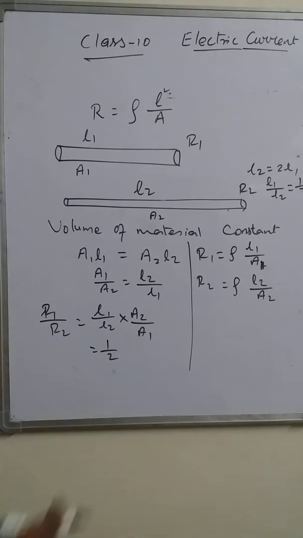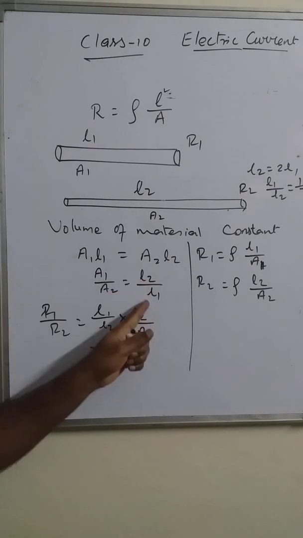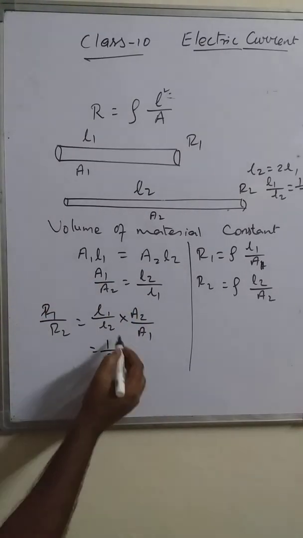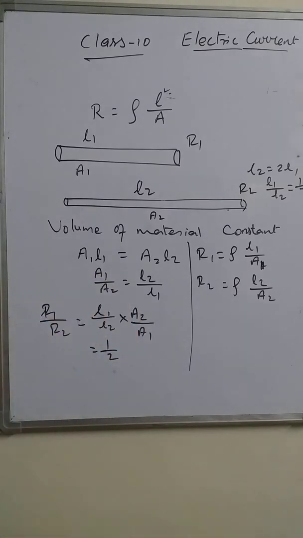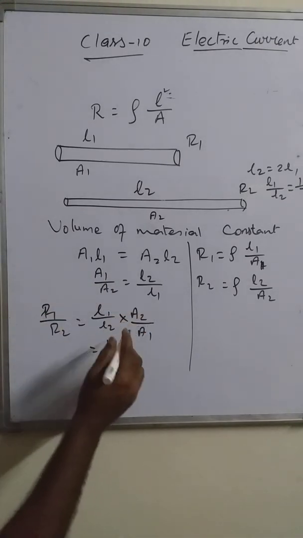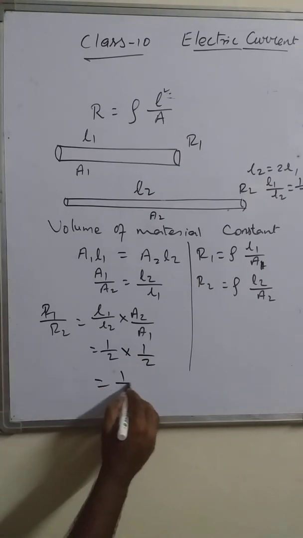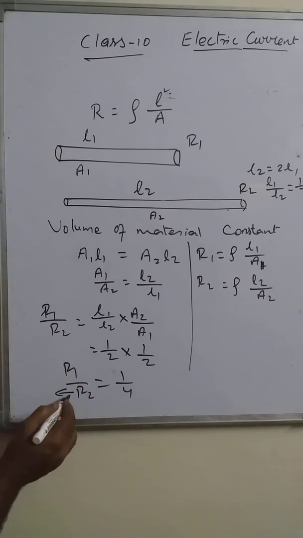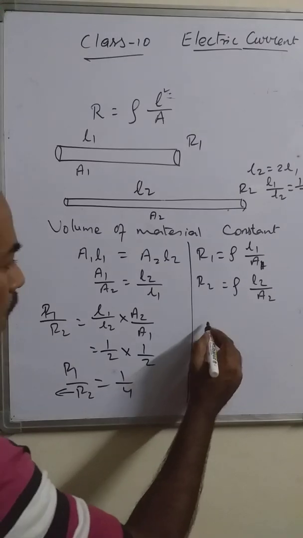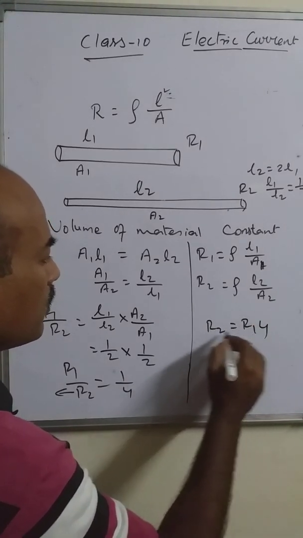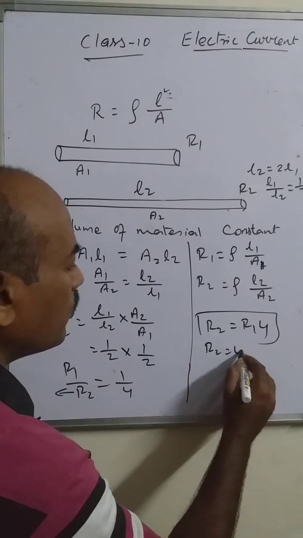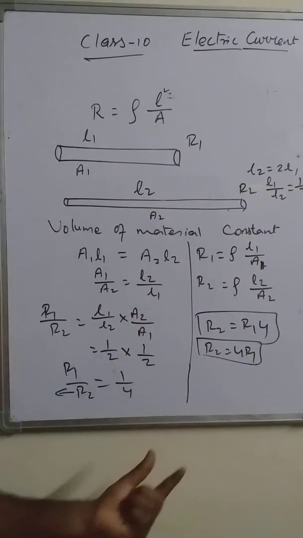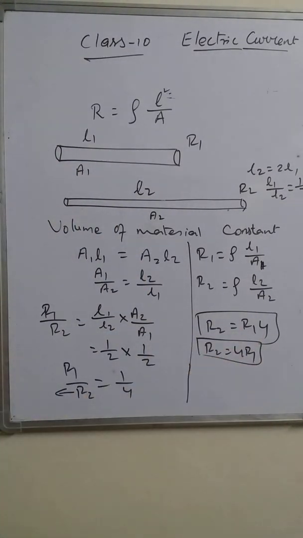Then the change in area of cross section is the reciprocal ratio, so A2 upon A1 is also equal to 1 upon 2. Now it is 1 by 4. So R1 upon R2 is equal to 1 by 4. That means R2 equal to R1 into 4, or R2 is equal to 4R1. So on stretching, if the same material is stretched, then resistance is increased by 4 times.